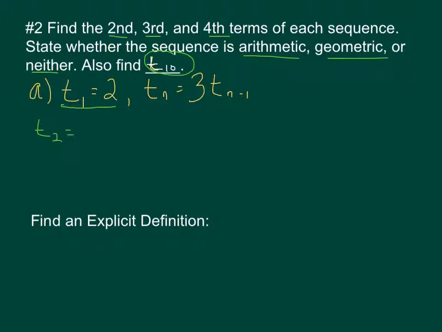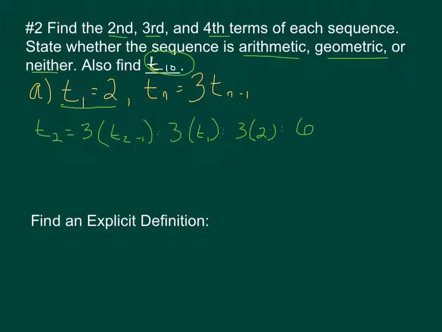Well, in this case, that'd be 3 times Tn minus 1, or in our case, T2 minus 1. Well, that's just 3 times T1. Well, wait a minute. T1 is just 2. It's 6. The second term in our formula is 6.